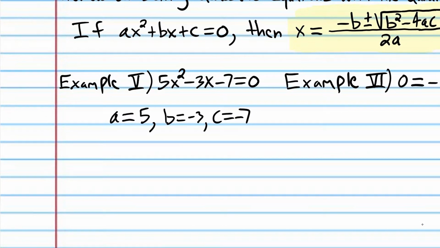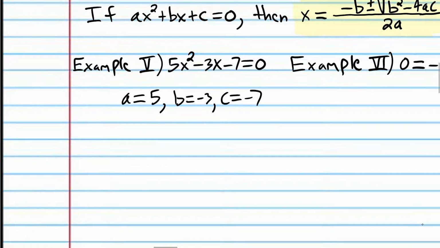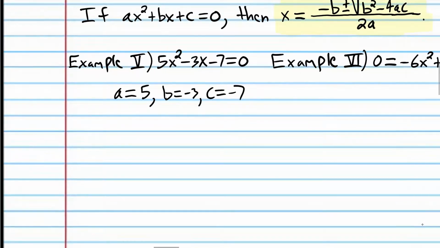So we're going to go ahead and rewrite that equation just so we know what we're using. It's negative b plus or minus root b squared minus 4ac all over 2a.